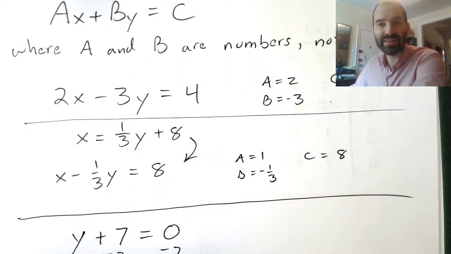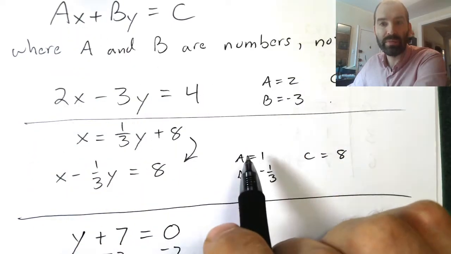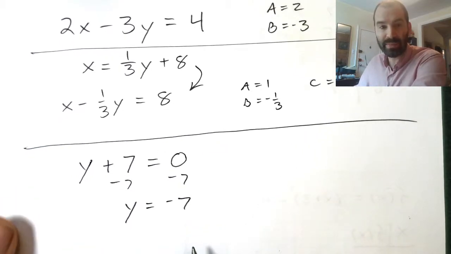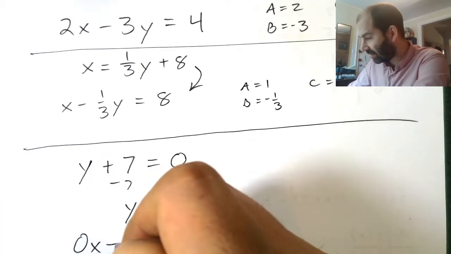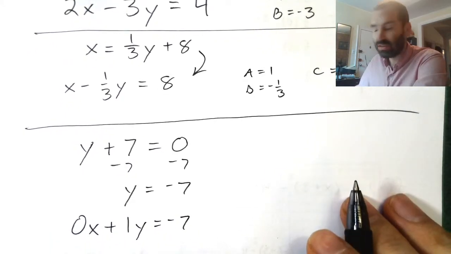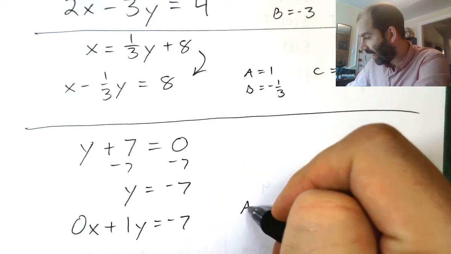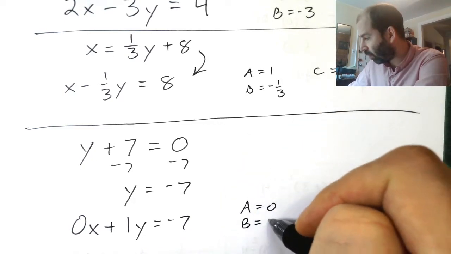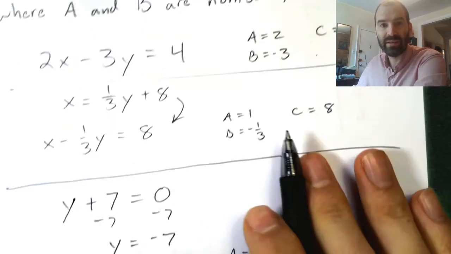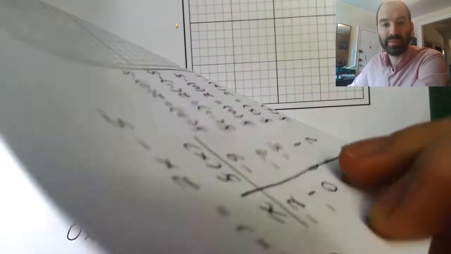Well, there's no x, but that's okay. If I let a be 0, then that would make the term with the x in it go away. So this is the same as 0x plus 1y equals negative 7. So a is 0, b is 1, and c is negative 7. So this is, in fact, one of these. So it is linear.